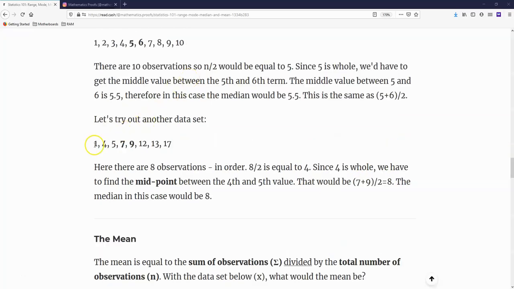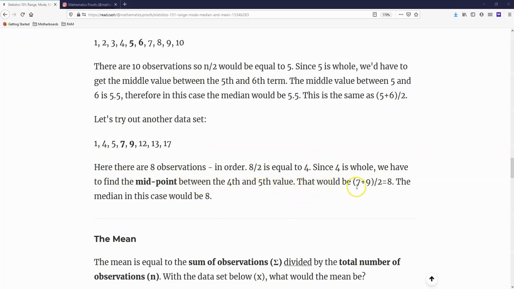As an example, let's get the median value of the data set over here. Here, there are 8 observations in order. 8 over 2 is equal to 4. Since 4 is whole, we have to find the midpoint between the 4th and 5th value.